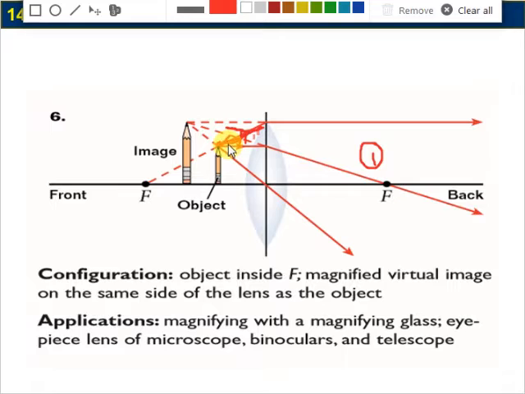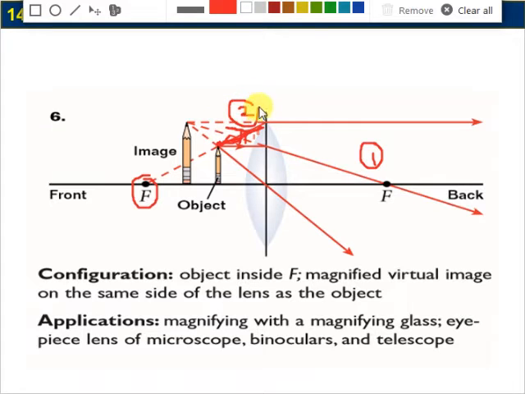So how will we take it? We will take it just as if it's coming from this point, because we know that any ray that comes from or passes through f will leave the lens how? Parallel. Okay, so this is the trick here.